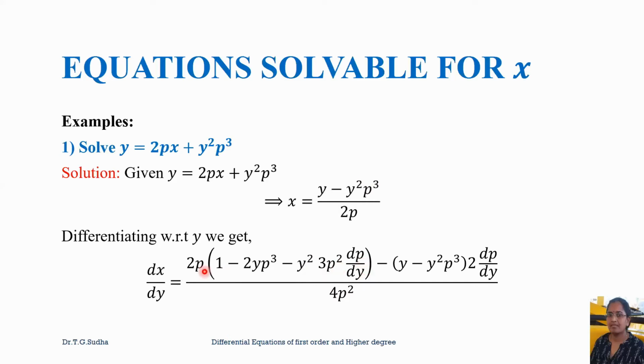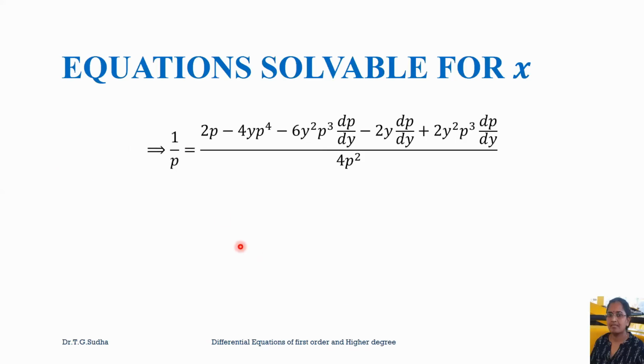So this is denominator into derivative of the numerator minus numerator, that is y minus y square into p cube, into derivative of the denominator, that is derivative of 2p with respect to y. So we get 2 into dp by dy. This whole thing divided by the denominator square, that is 2p whole square, which gives us 4p square.